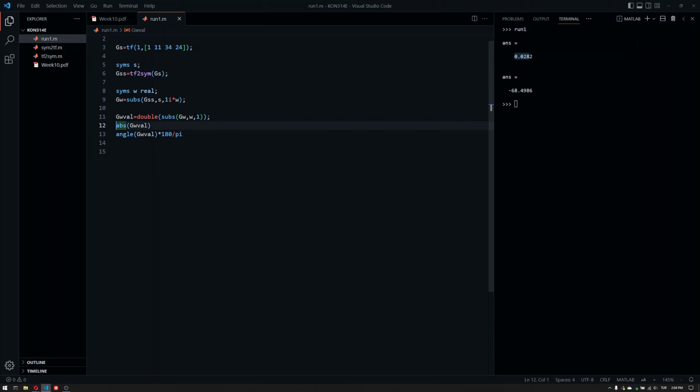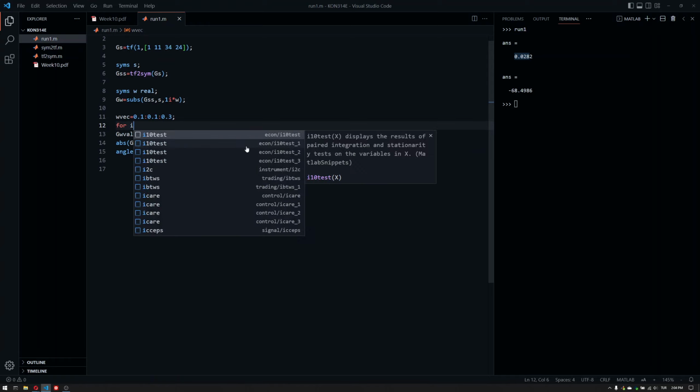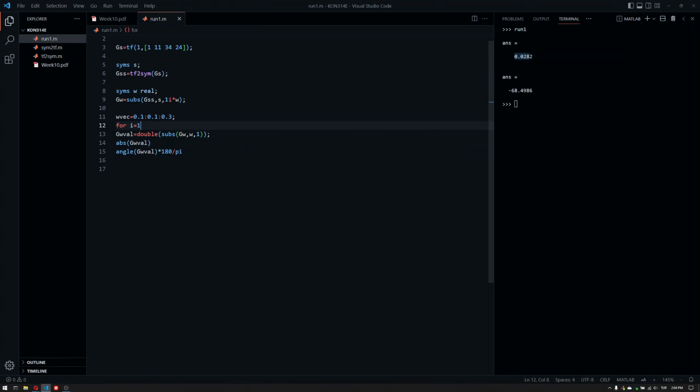So what we can do is have an omega vector here with, for example, 0.1 increments up to, let's say, 3. We start simple. What we can do is open up a for loop over omega vec, and then have this whole thing here.